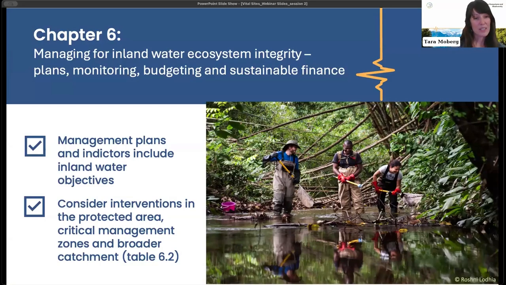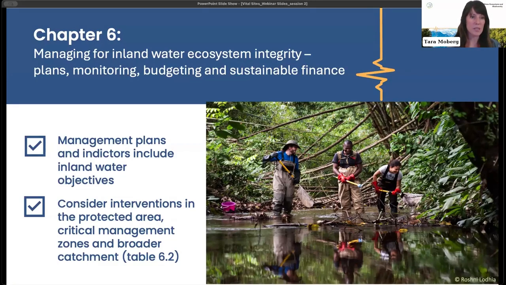Moving into the consideration of different interventions, also included in this section of chapter 6 is a table that includes activities, as Michelle shared, in the different zones of a watershed, starting with the protected areas or the focal areas, the things that you can invest in directly within your geographic boundaries, as well as the activities you may want to account for that are outside of the boundaries in critical management zones or the broader catchment, recognizing that that may not be within the control of your jurisdiction or your agency or institution.